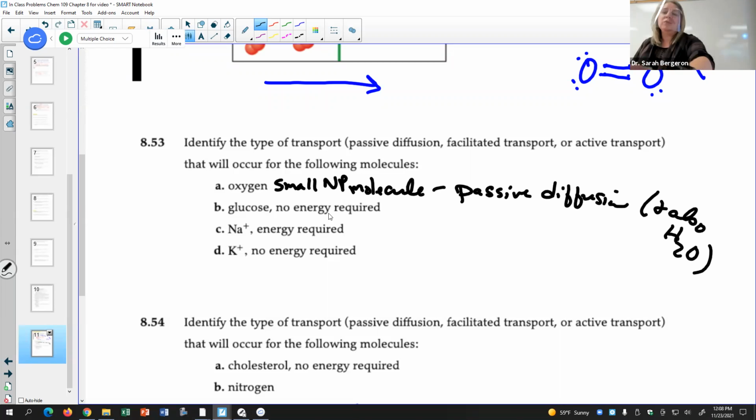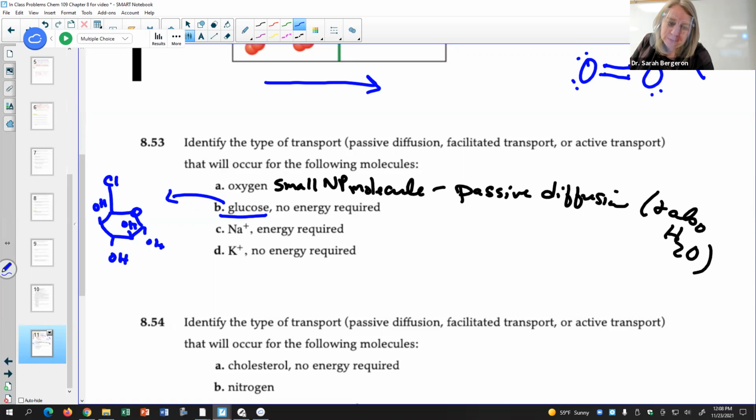Okay, glucose, no energy required. Tell me about glucose. What kind of a molecule is glucose? Polar or non-polar? This is glucose, and these are hydroxyls. Polar or non-polar? Throw it out there, anybody? Got a 50-50 chance.